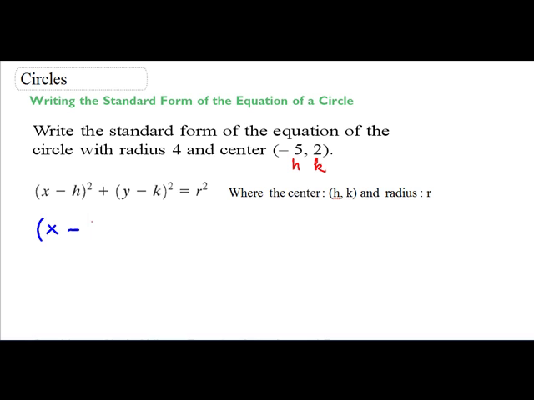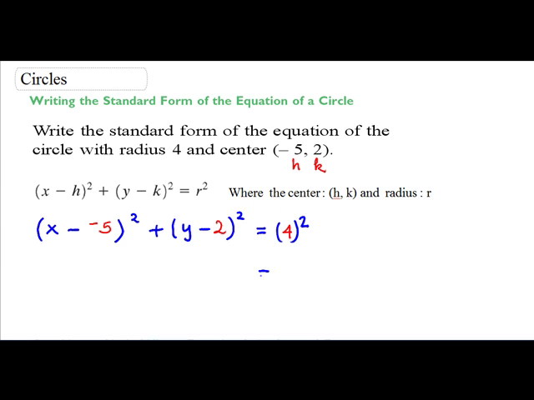So I have x minus -5, which is h, squared, plus y minus k, which is 2, squared, equal to r squared. r is 4, so I got 4 squared.